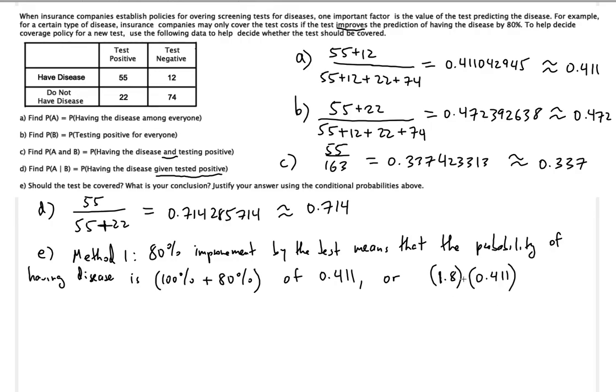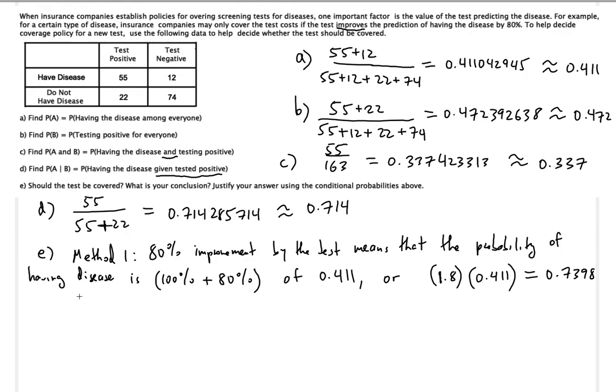This is exactly 180% of the general probability of having the disease, and that's going to give you 0.7398. Now I want you to understand what this result really means. This tells you the new probability of having the disease. This probability is going to be compared with the conditional probability, and the conditional probability was this one, 0.714.